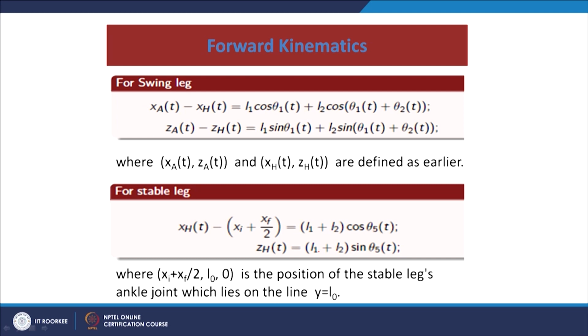Because we are considering both the legs as 2 degree of freedom manipulators, we can write the kinematic equation of the ankle trajectory xa of t in terms of theta 1 and theta 2, and the stable leg's hip, it is a circular path, therefore, it is in terms of cos of this angle theta 5 and sine of angle theta 5. These are the standard equations for a circular path. Up to this we have seen in detail in the last lecture.